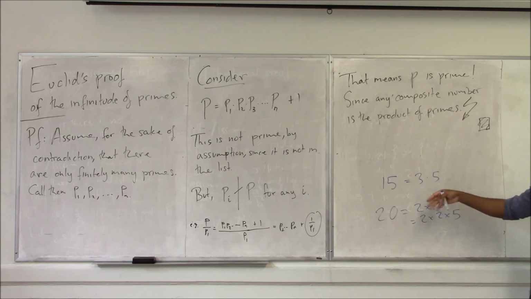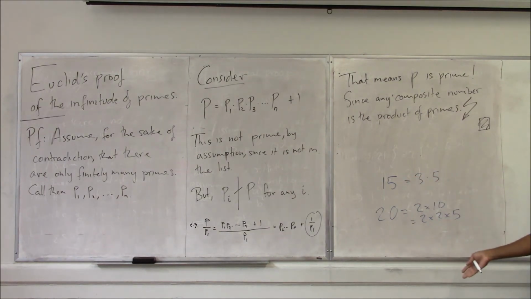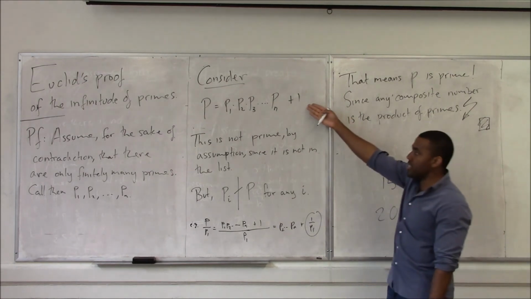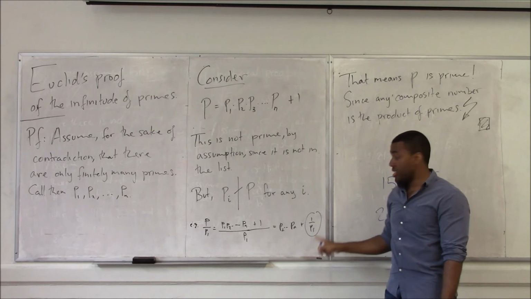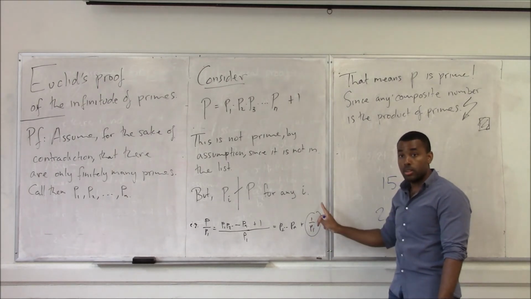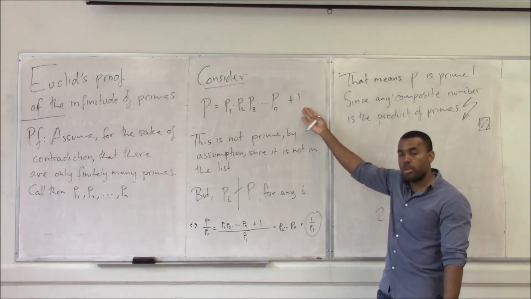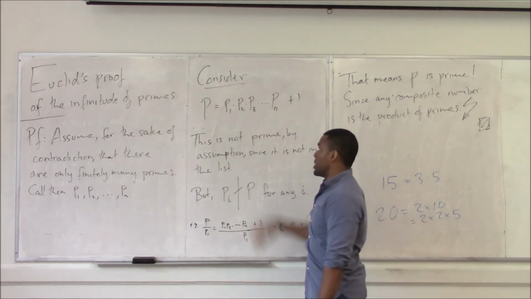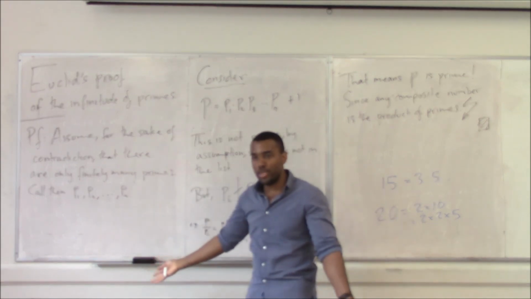So any composite number will be divisible by some prime number. Assuming this is composite means that one of the primes has to divide it, but none of them divide it. Which means it has to itself be a prime number. So here's a prime number that's not in the list of all prime numbers that you told me existed.